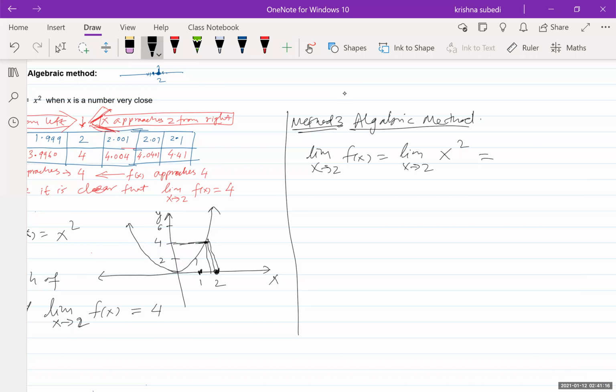If it makes sense, if it is a defined number, then that is your answer. Let's say 2 squared, which is 4. That is your answer.